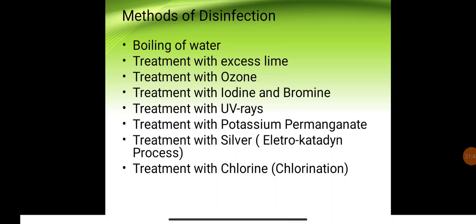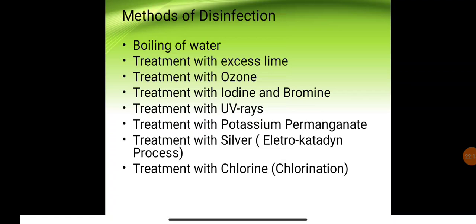If the pH is neutral, around 7.5, 50% HOCl, the hypochlorous acid, and 50% OCl minus, the hypochlorite ions, are produced. This is the reaction which takes place in chlorination, and hypochlorous acid and hypochlorite ions accomplish the disinfection of water.